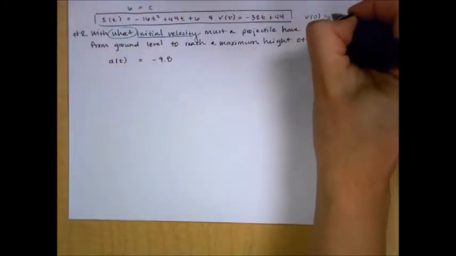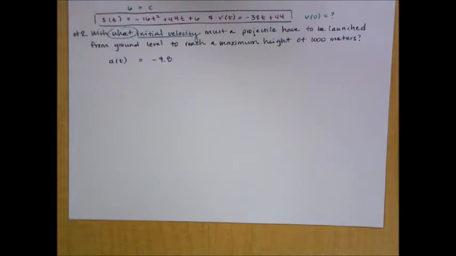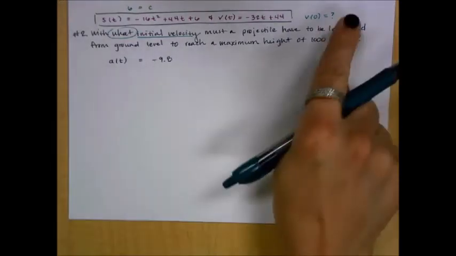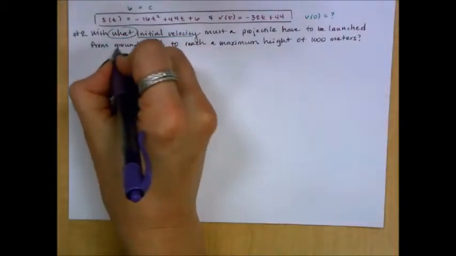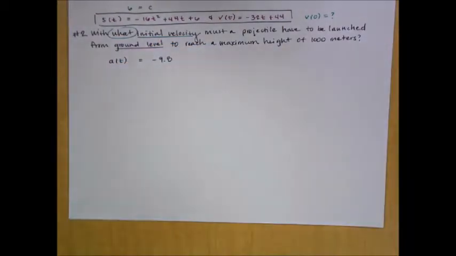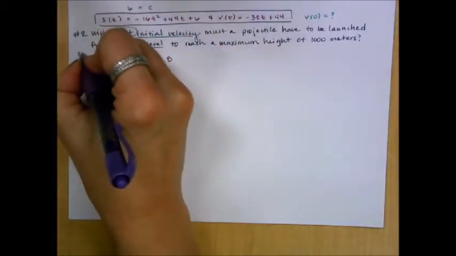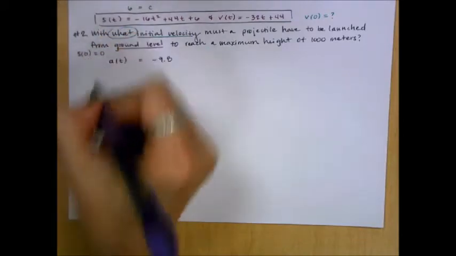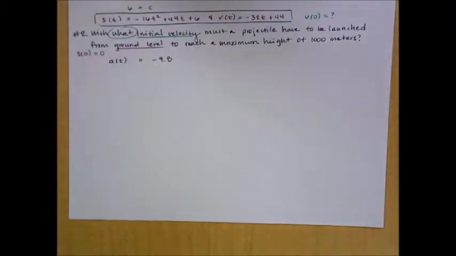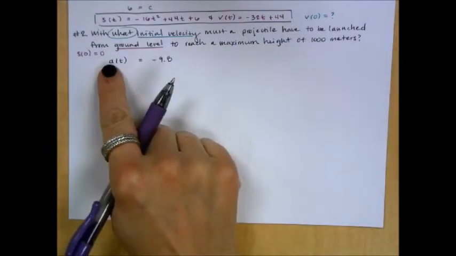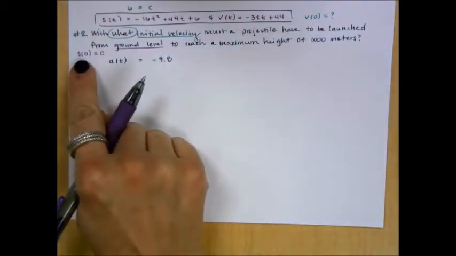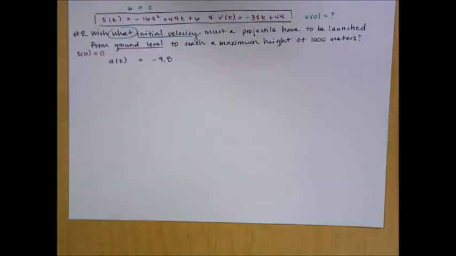So finding that, if we're launching from ground level, so starting at ground level means that our initial position is 0. Time 0, position 0. Remember, when you're on the ground, your position is 0. If you start from ground level, that's at time 0. Your position is 0. We want to reach a maximum height of 1,000 meters.